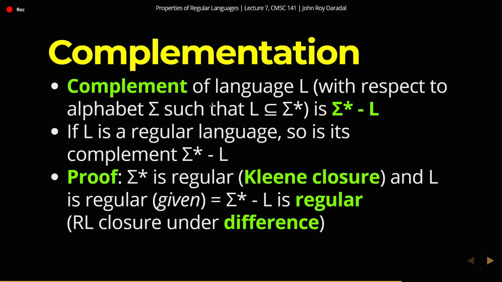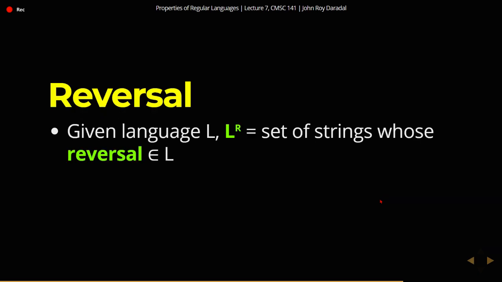So we just piggyback on the proof of difference because we can reduce complementation to difference. Okay, let's move on to our next operation, which is reversal.